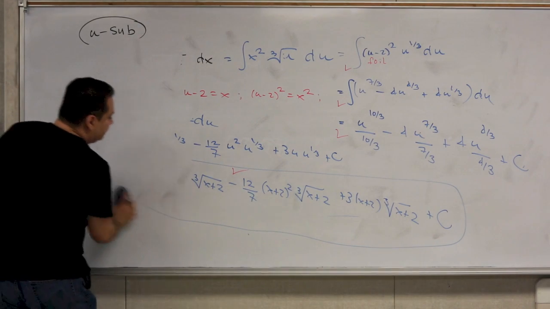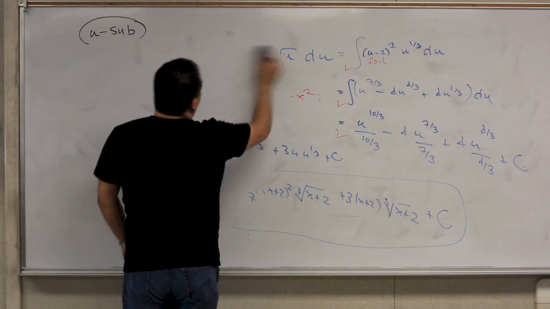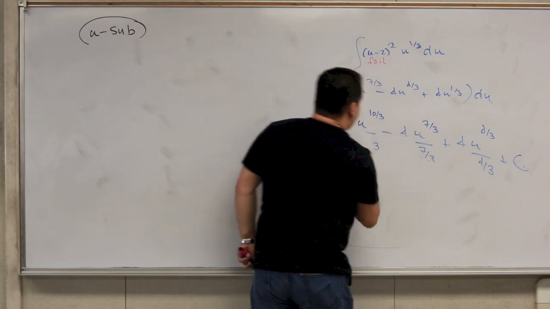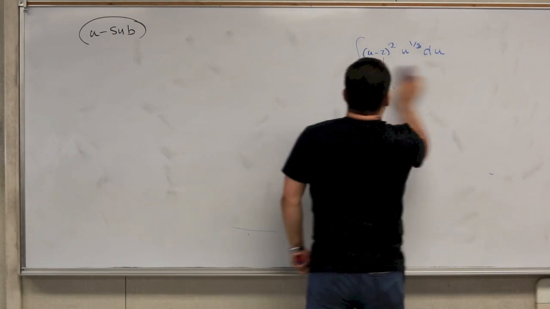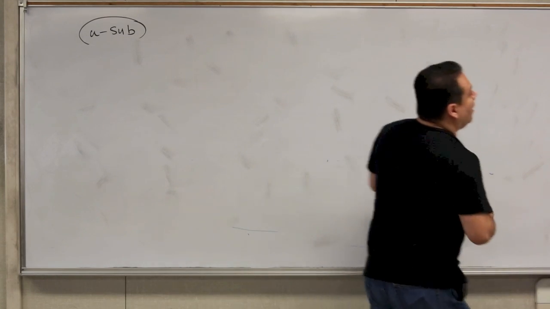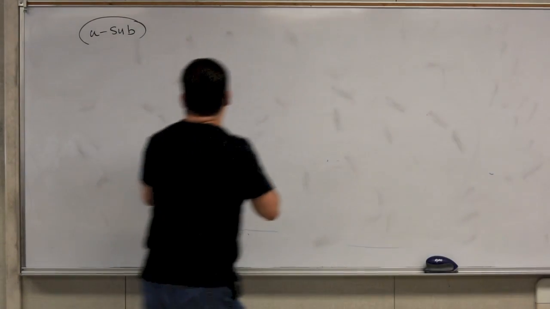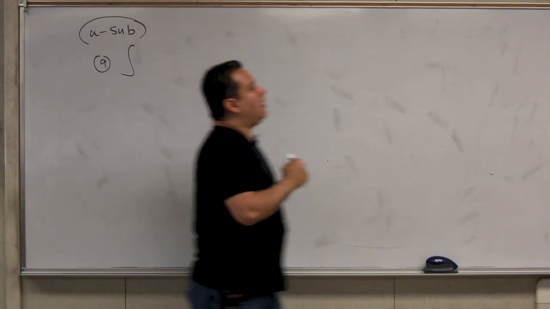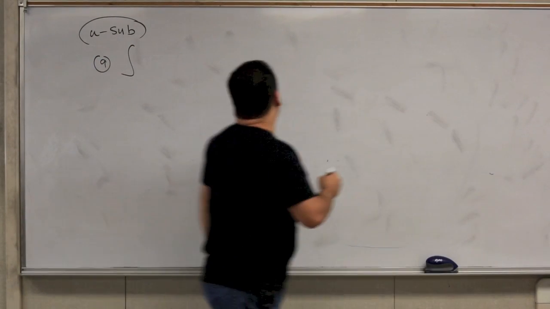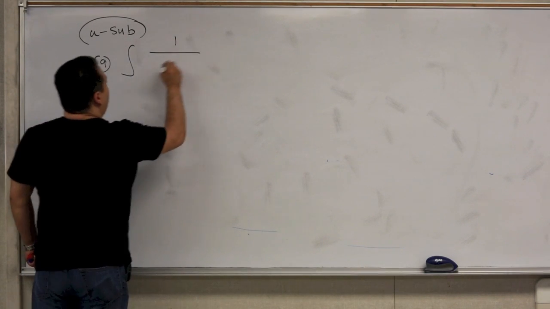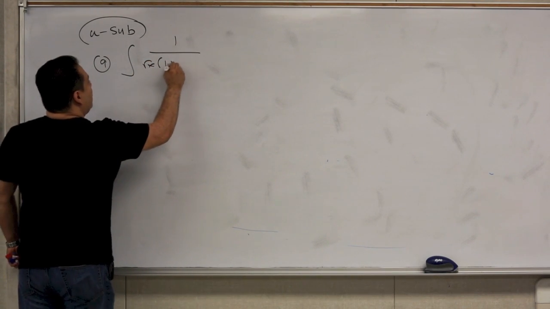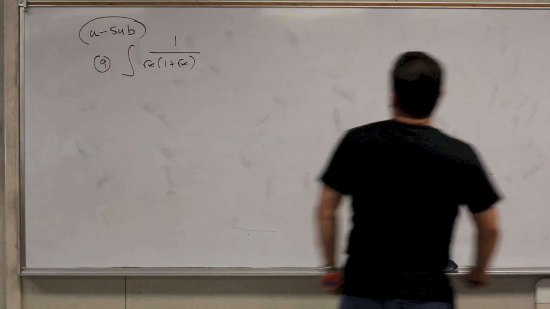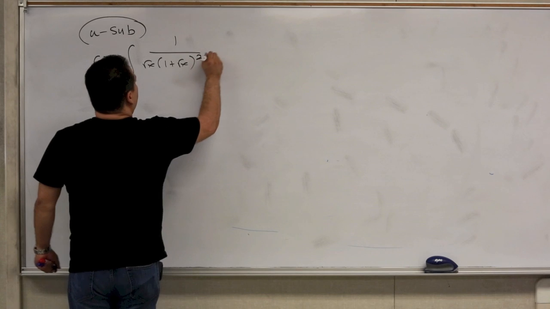Number 9. It's the integral of 1 over the square root of x, is that 1 plus the square root of x, squared, dx.